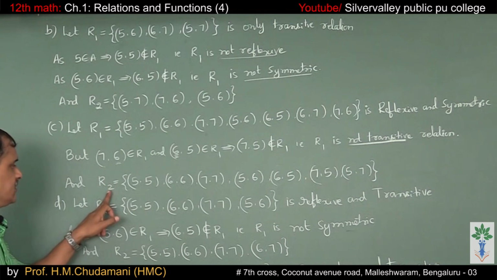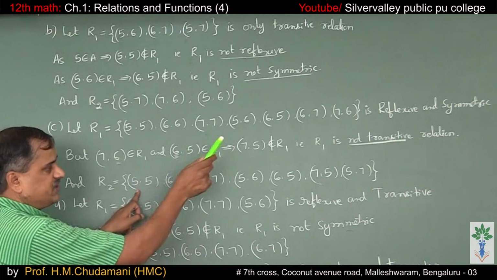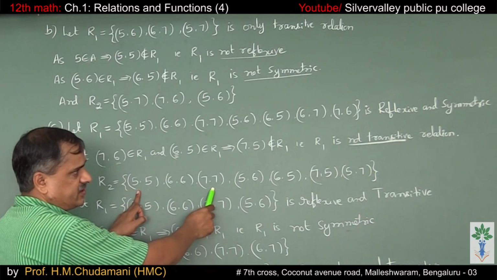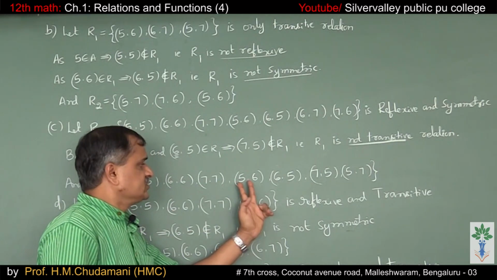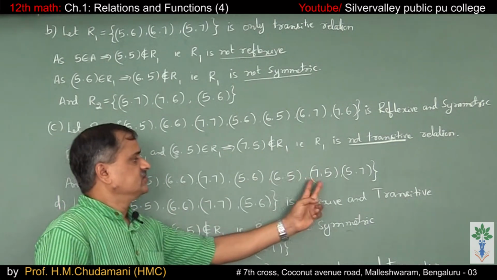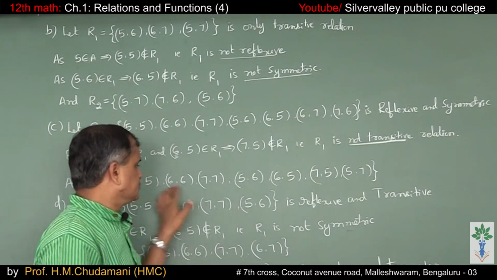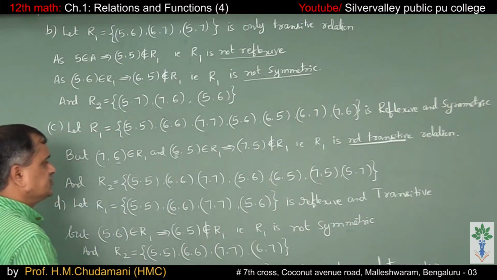And another relation R2, a similar one. If it is to be reflexive, 5 5, 6 6, 7 7 should be there. And if it is to be symmetric, if I select 5 comma 6, 6 comma 5 must be there. If I select 5 comma 7, 7 comma 5 must be there. So it is reflexive and symmetric but not transitive.